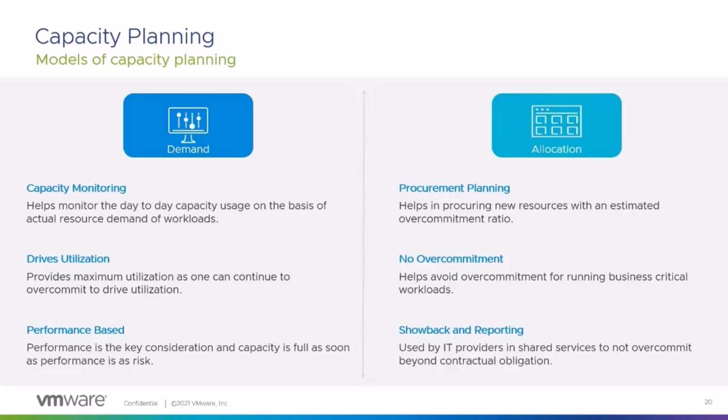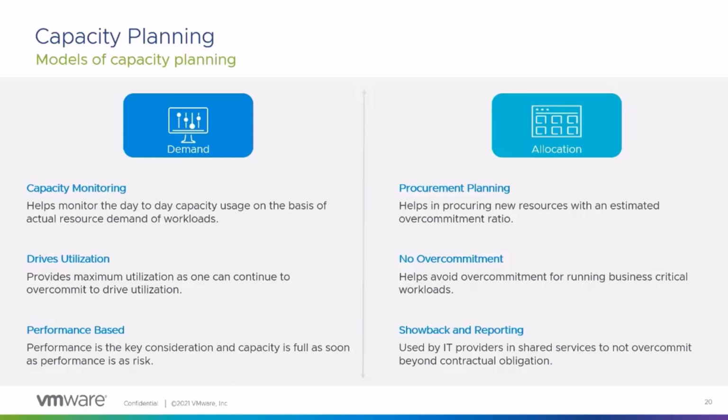So allocation is when you look at the provisioned resources for a virtual machine. So if a virtual machine has 2 vCPUs, that's allocation. If it's using 100 megahertz of CPU, that's demand. So the units are different. It's easier to understand the difference when you think of it from a CPU perspective, because you're talking about 2 completely different things.